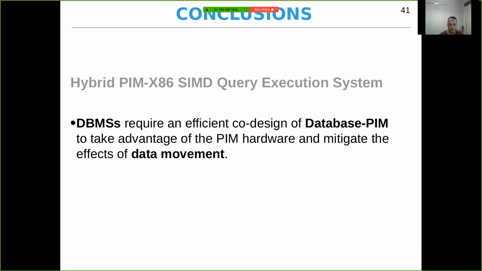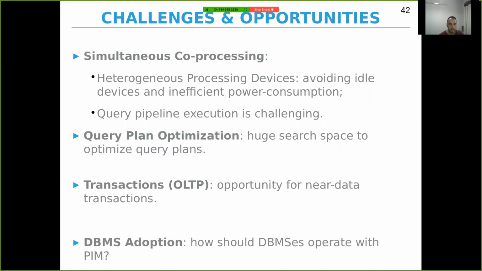And the last are the challenges and opportunities that we have identified. The first ones are related to simultaneous co-processing, because now we have an environment with heterogeneous processing devices, and in this kind of environment we should avoid idle devices, and we also should detect inefficient power consumption. From the perspective of query plan optimization, we have another dimension to analyze, which is the processing unit.